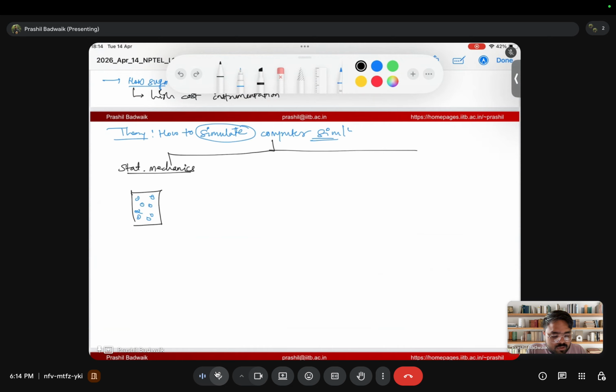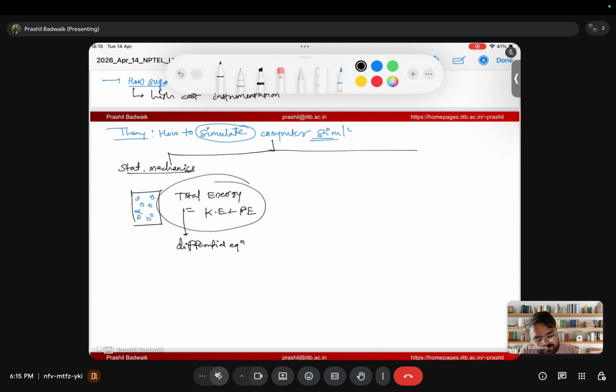For example, total energy is equal to kinetic energy plus potential energy. Use these principles, use differential equations, or rather mathematics.